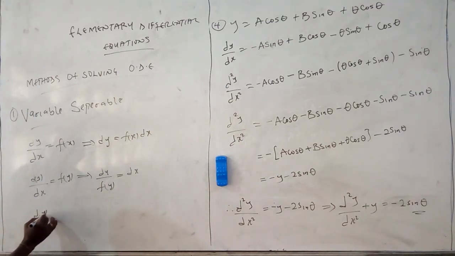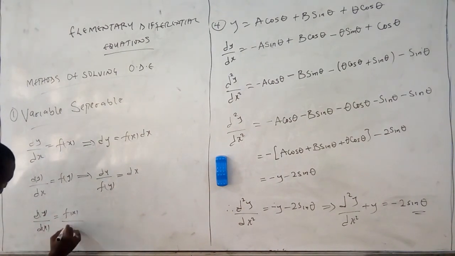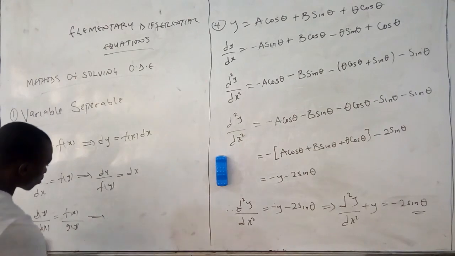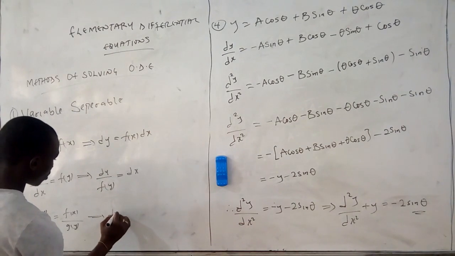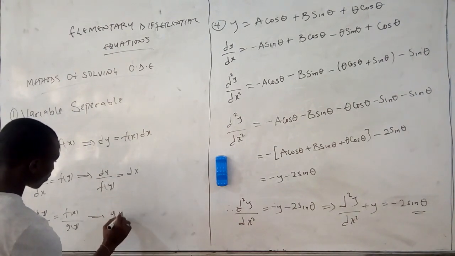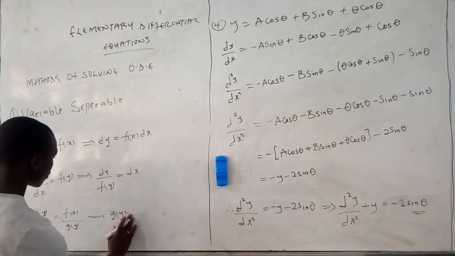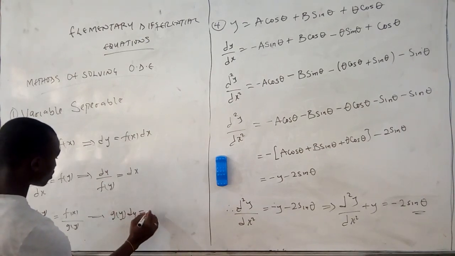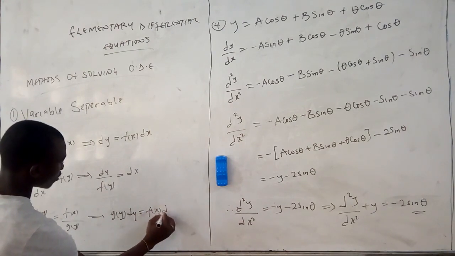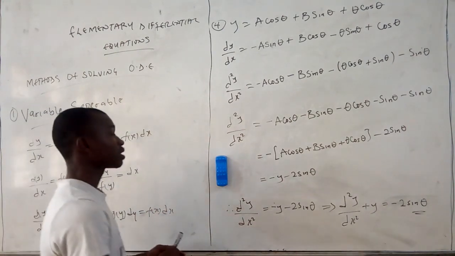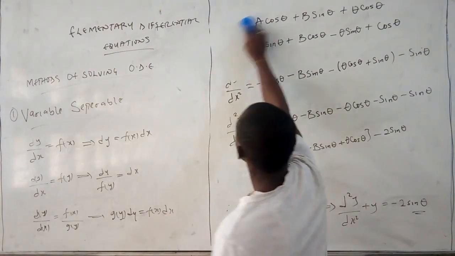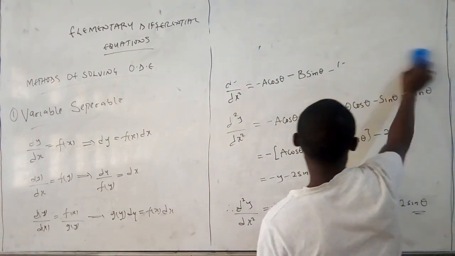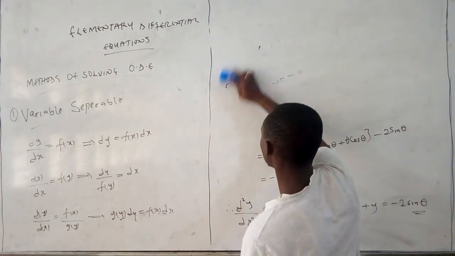Also, if you have dy all over dx is equal to f of x all over g of y, if you are doing variable separable, you will have g of y dy is equal to f of x dx. So variable separable is all just talking about how to separate the variable of the independent and the dependent variable. You separate them before you start solving.